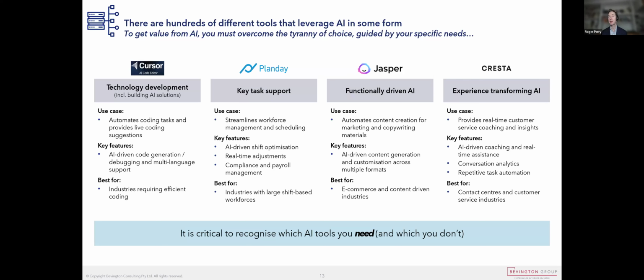There's Jasper, which automates content writing for marketing and copywriting materials. And I often think that what a generative AI engine will produce is not outstanding, but a darn good start, or it can really tidy up what you're doing already. And Cresta, which provides real-time customer service coaching and insights. So it's coaching and real-time assistance.